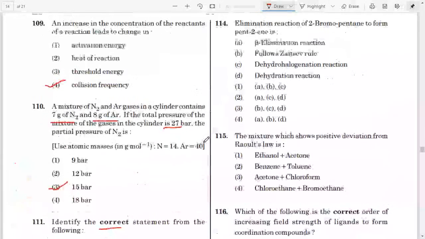Next, question number 114. Elimination reaction of 2-bromopentane to form pent-2-ene. What is the starting material? 1, 2, 3, 4, 5, and 2-bromopentane, this is bromine. What we are doing is elimination, to form pent-2-ene. So HBr is eliminated to form 2-ene.